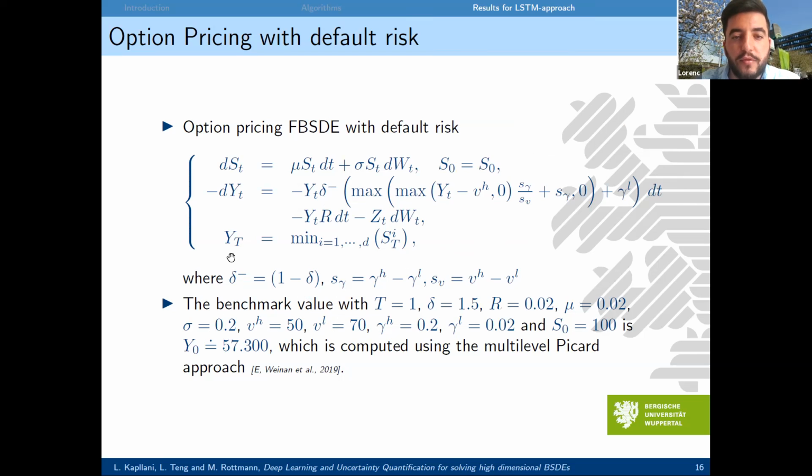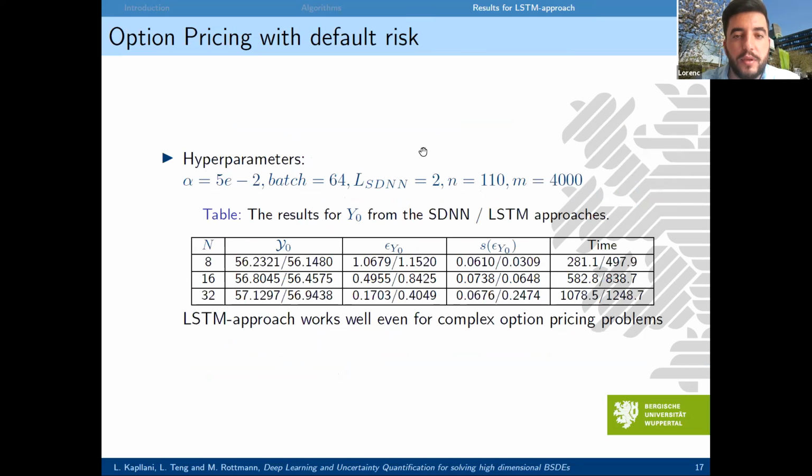Of course, this one does not have an analytical solution, but the approximate solution is given by the multi-level Picard approach, which is 57.3. And then we apply both approaches, the SDNN approach and the LSTM approach.